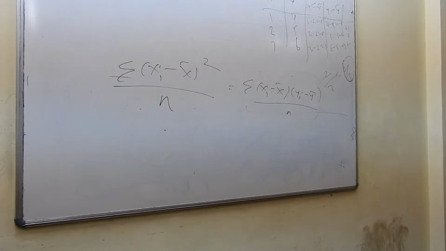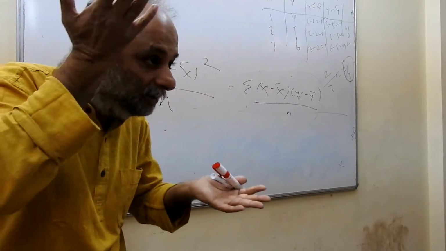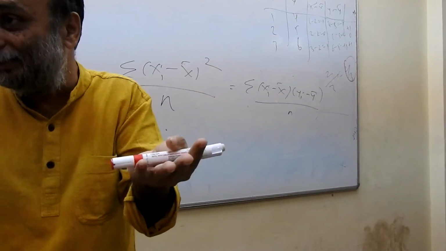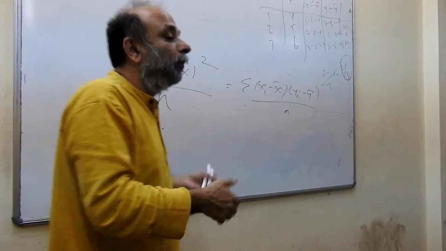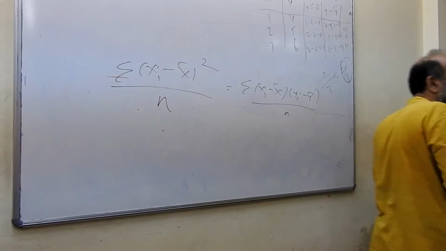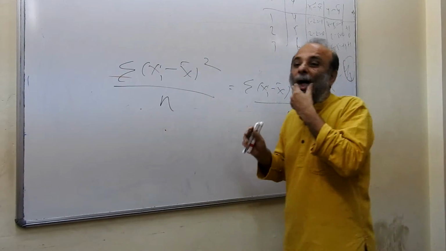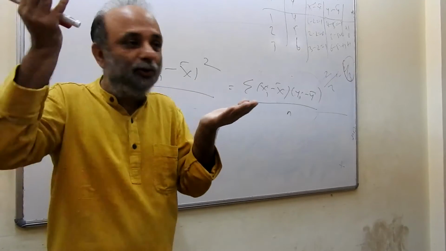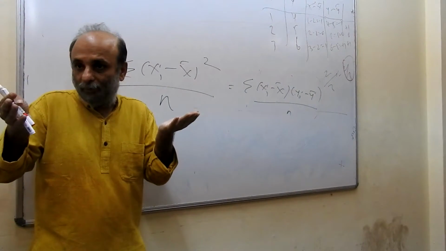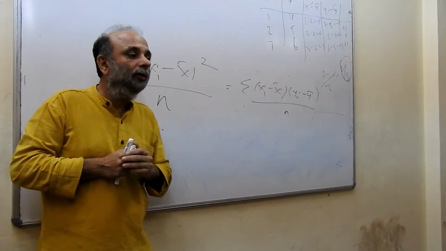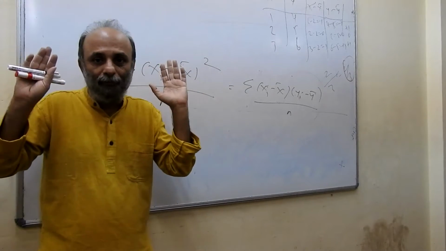Which means that by and large, x and y move in opposite directions relative to their means. Yeah? Whereas if this quantity is positive, what would it mean? Same direction. By and large, if x is above x bar, y also moves above y bar. Right? And if this is 0, then there is no particular direction in which they move.